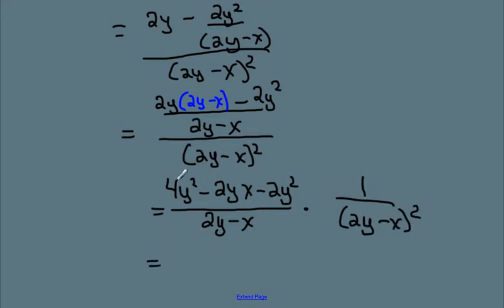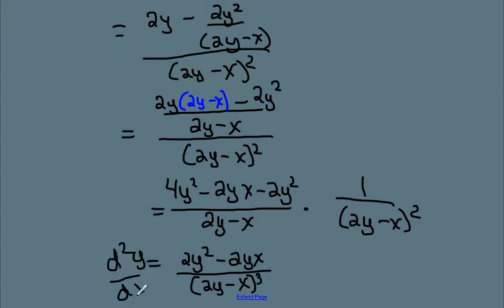So the result here, 4y squared minus 2y squared, is going to end up giving me 2y squared, and I have a minus 2yx over. This expression is now cubed. So I've got (2y minus x) all cubed. That is the answer to the second derivative of this function, your final answer.